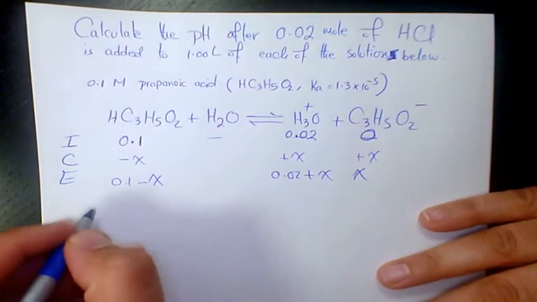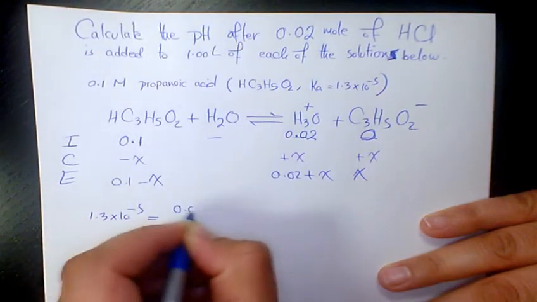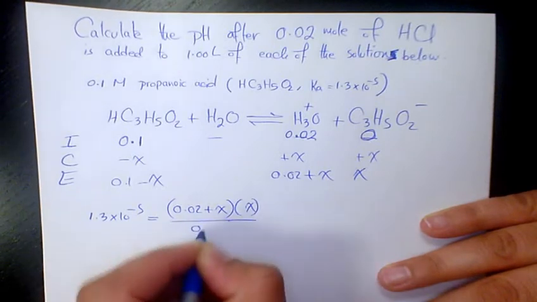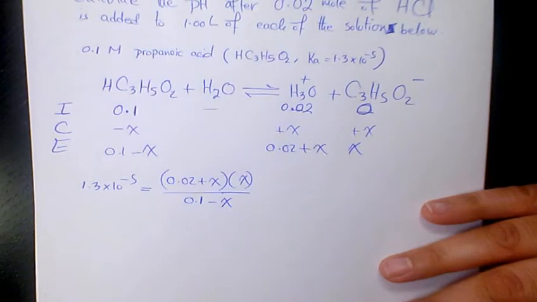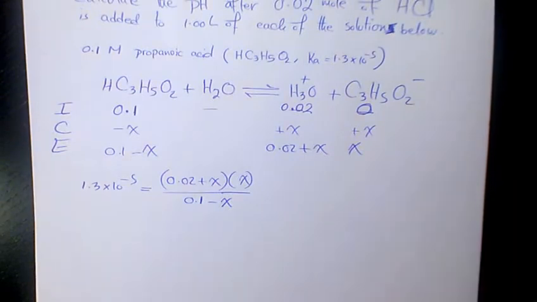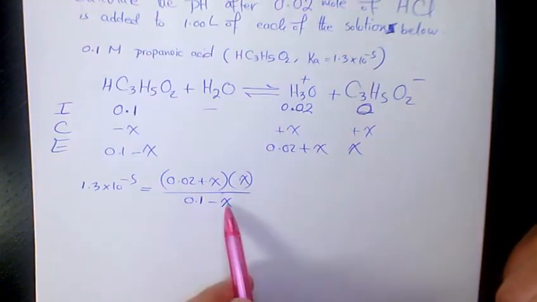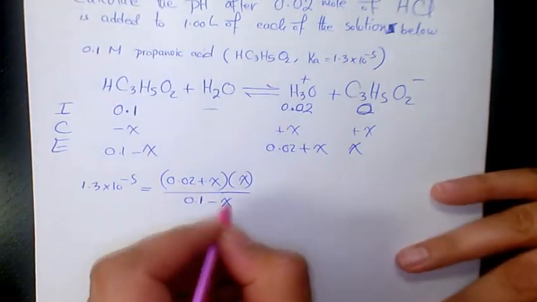Then Ka will be 1.3 times 10 to the power of negative 5, 0.02 plus x times x divided by 0.1 minus x. So now what we can do, we can neglect x comparing to 0.1 and 0.02.